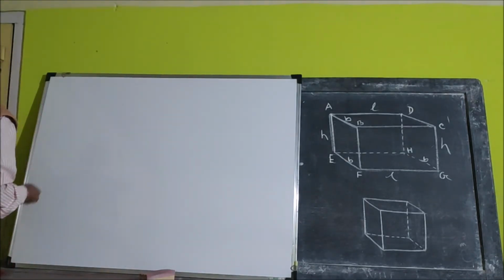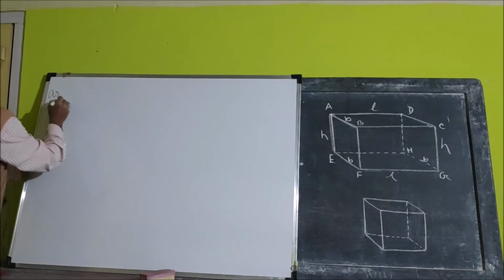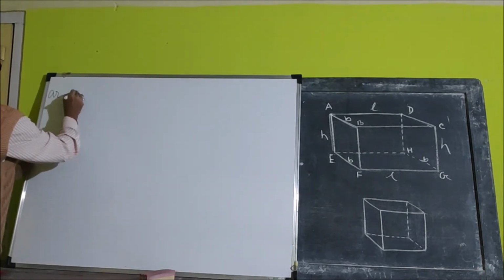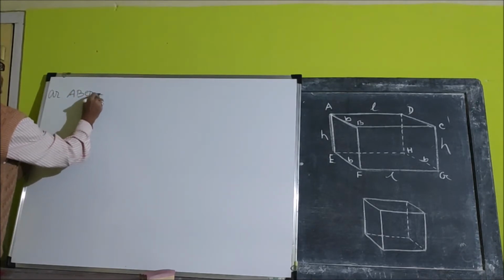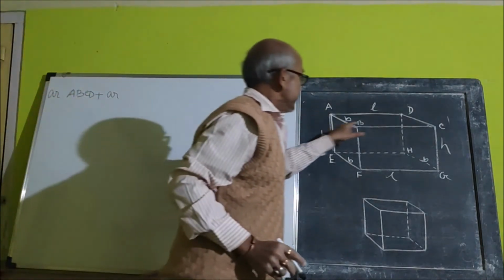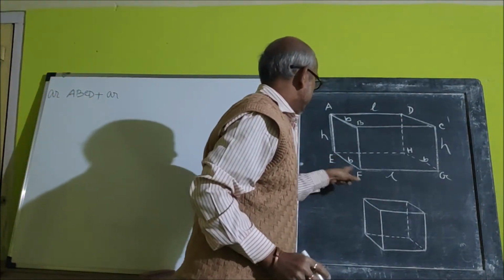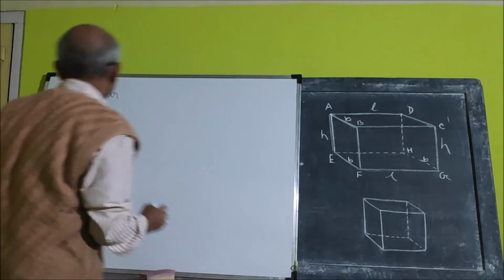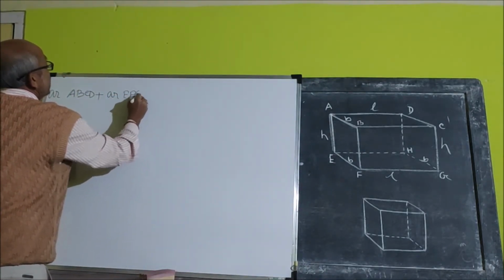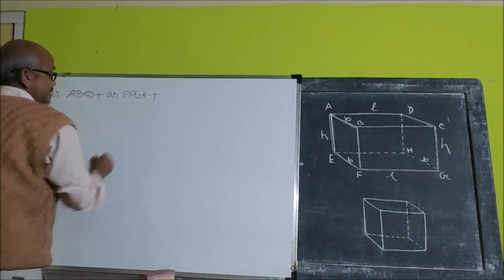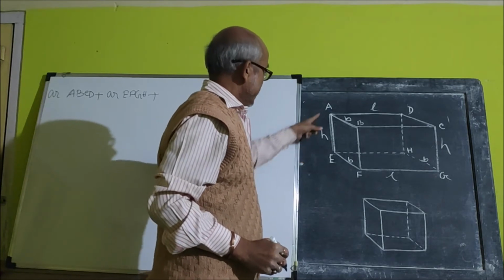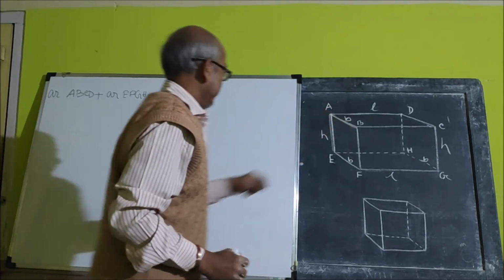One area is ABCD, plus again the area EFGH, plus the side area AEFB.